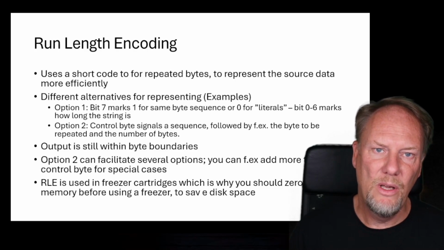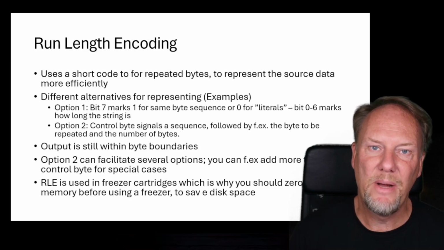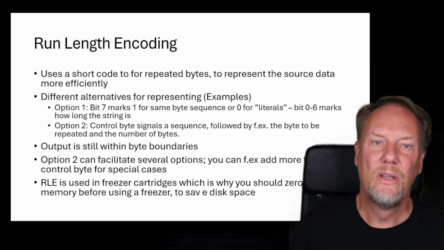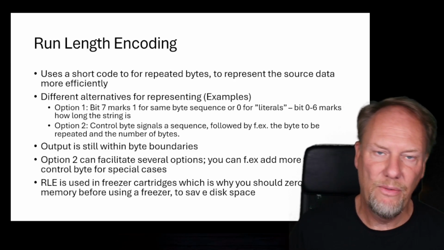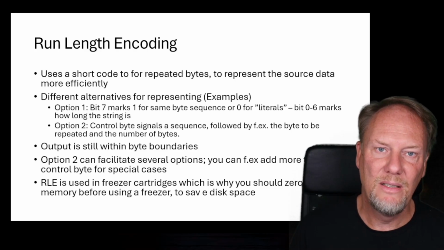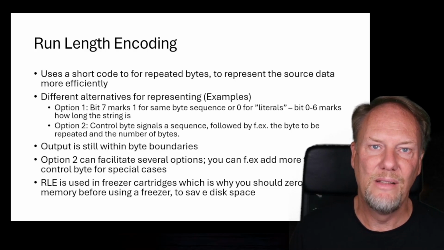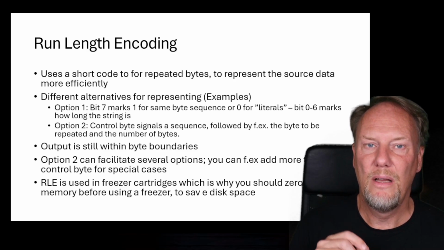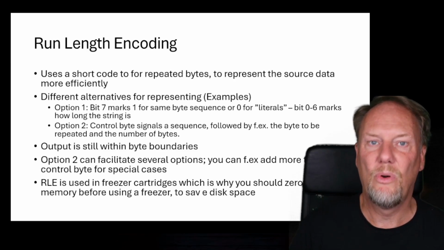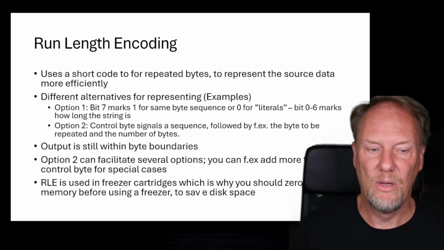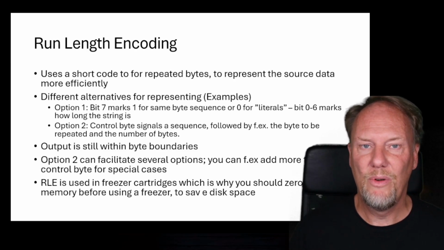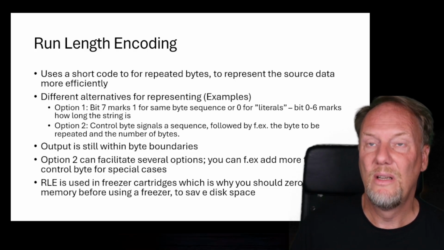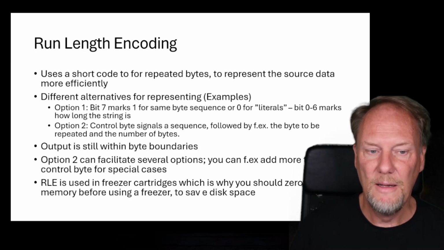What is more commonly used in the hacked packers would be to fetch a control byte. So pass 1, you run through the file and you count the instances of each of the bytes. And you try to identify a byte that's never used or used as few times as possible. So out of the 256 options, you pick the byte that is represented the fewest times inside the file.